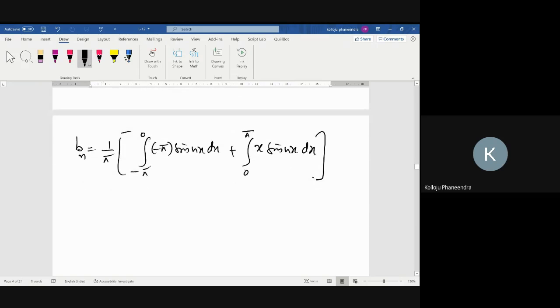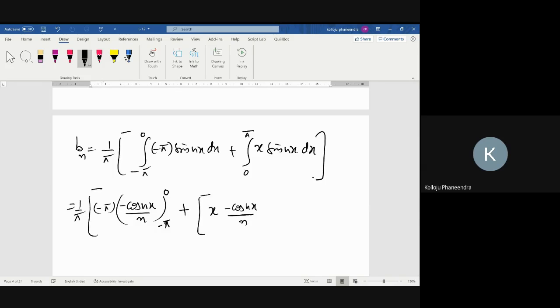Okay. Next one, this is 1 by pi. First one, integration: minus pi outside constant, sine integration is minus cos nx by n between minus pi to 0. First one is over. Plus, coming to the second one, by parts: x into sine integration, minus cos nx by n, minus x derivative 1, again cosine integration, sine nx by n square, minus term as is. This is between the limits 0 to pi.